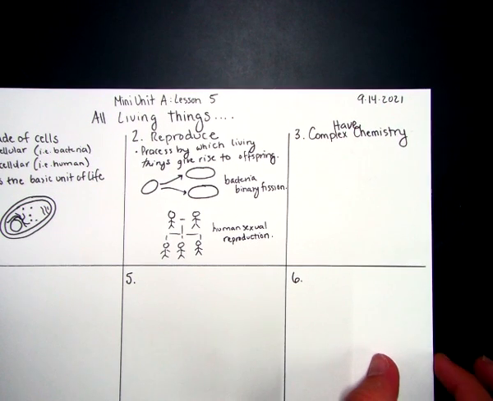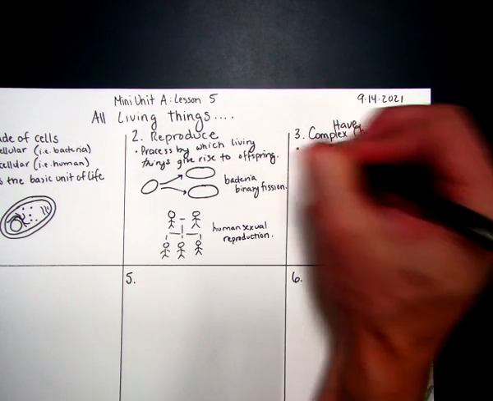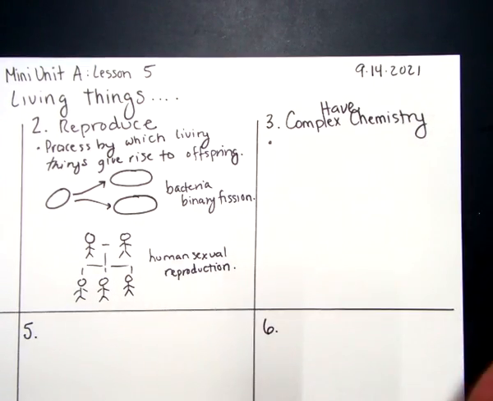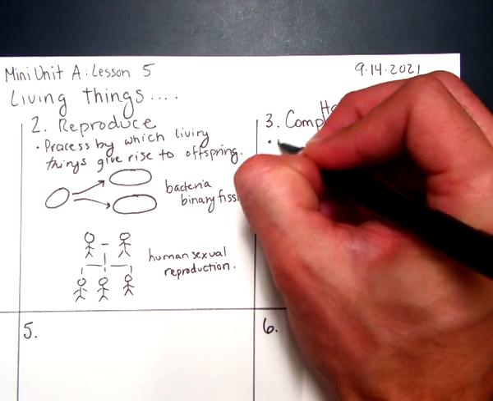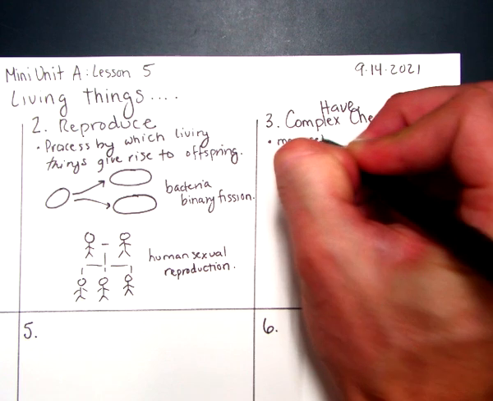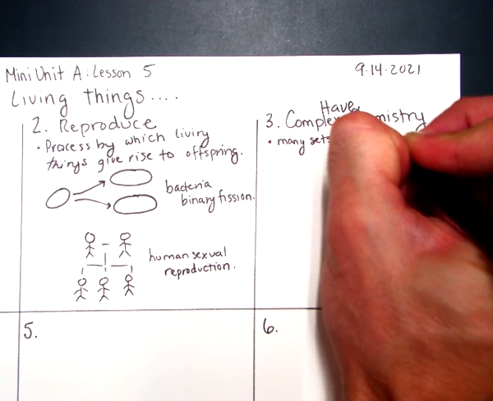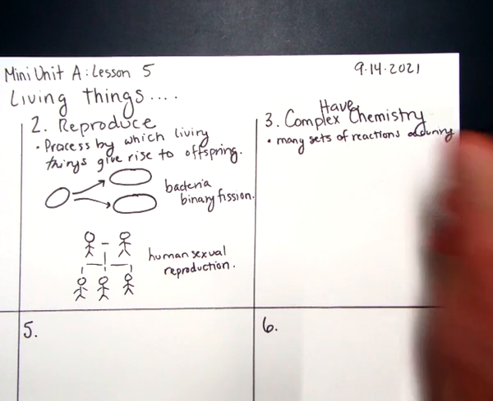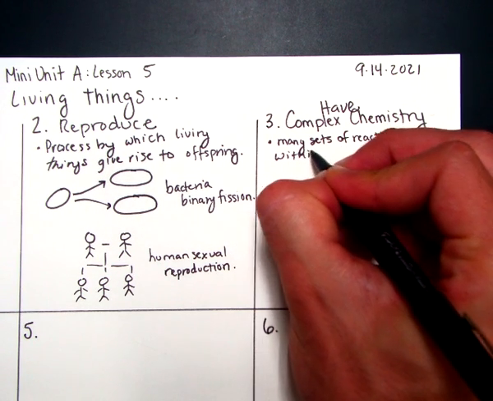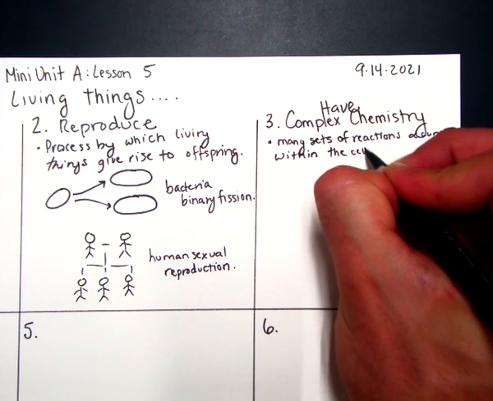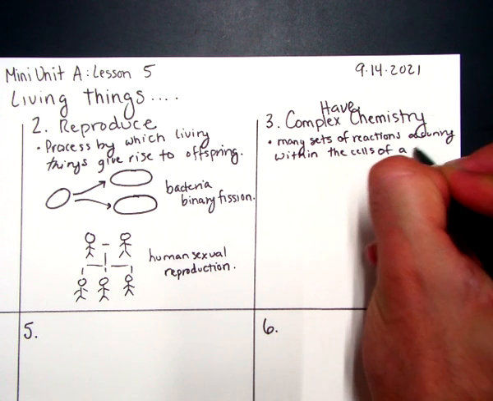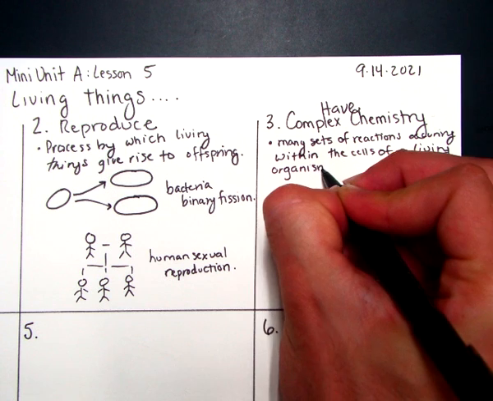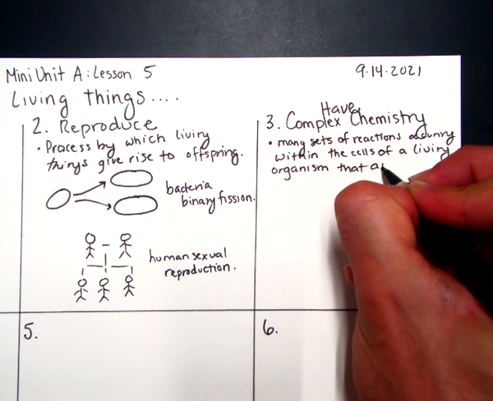And the idea here is that all living things have many sets of reactions that we'll talk about in Unit 3 occurring within them, or within the cells of a living organism, that are vital for survival.